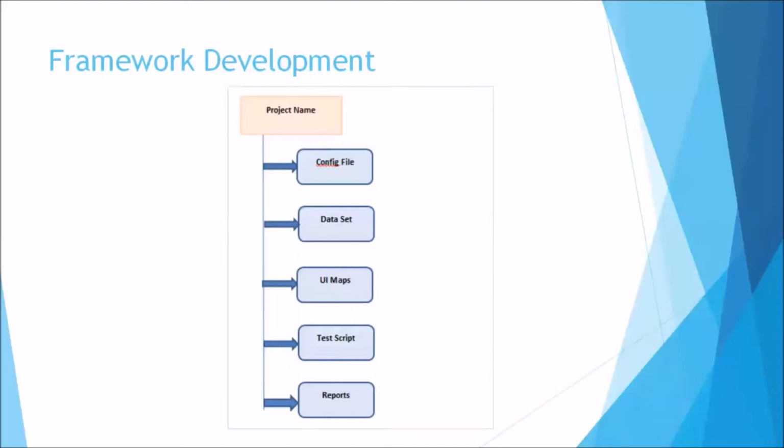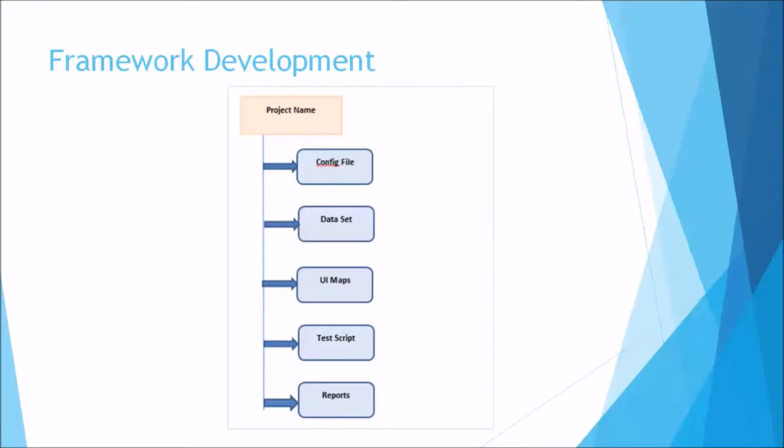Here we have a config file. Now what is in the config file? We may have an object repository property file, we may have a configuration property file. In the object repository we can specify all the objects which are there on the application, and in the configuration we can mention on which server we want to run it, what would be the username or password.